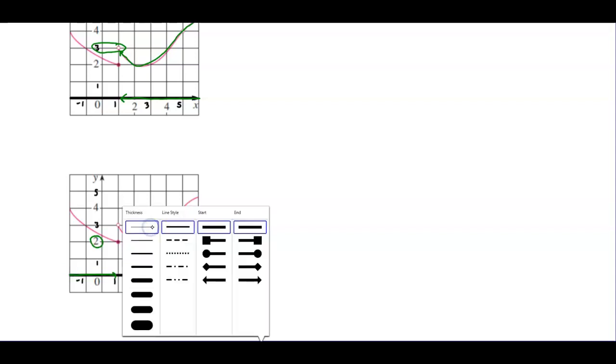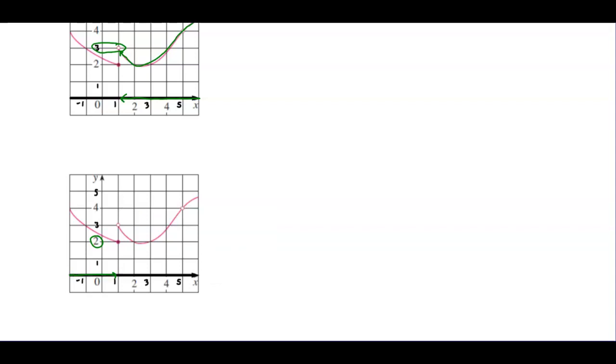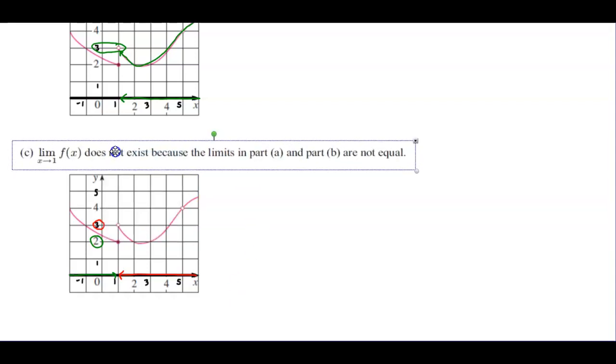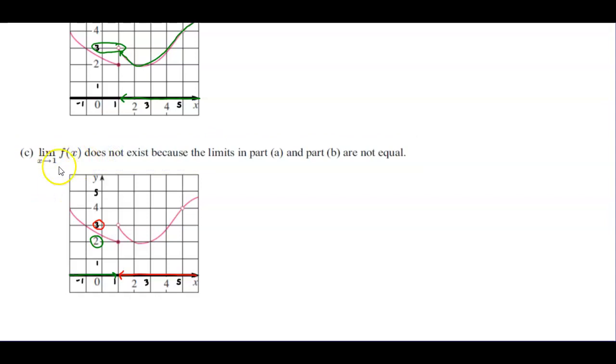And as x is approaching 1 from the right, we see that the function is approaching 3. So therefore, this limit as x approaches 1 of f of x does not exist because the limits in part A and part B are not equal.